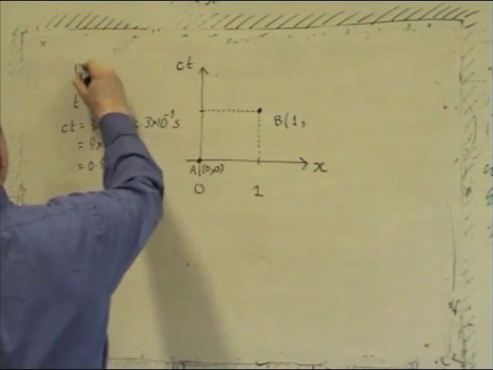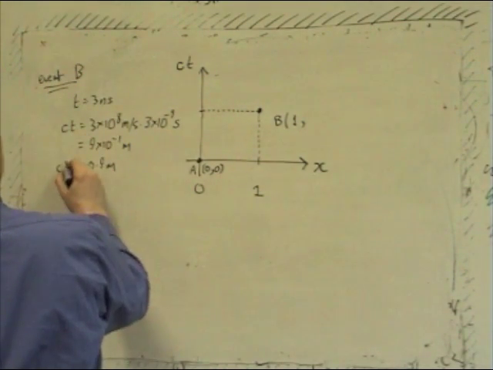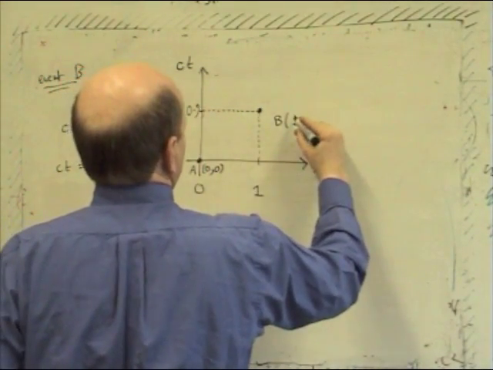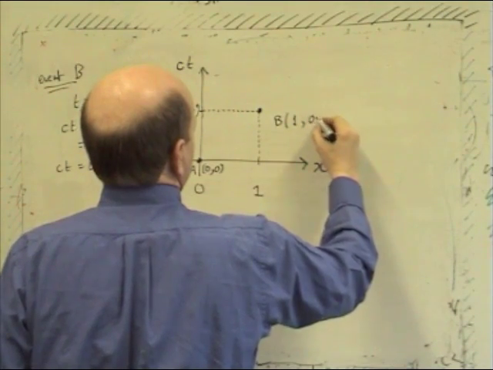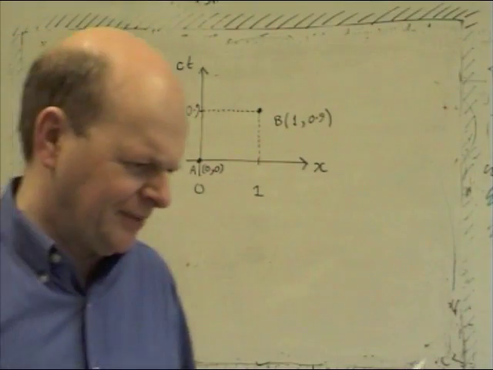So that's event B. That's the CT coordinate of event B. So this coordinate here is 0.9. So the coordinates of B are 1, 0.9. So those are my two events on the space-time diagram.